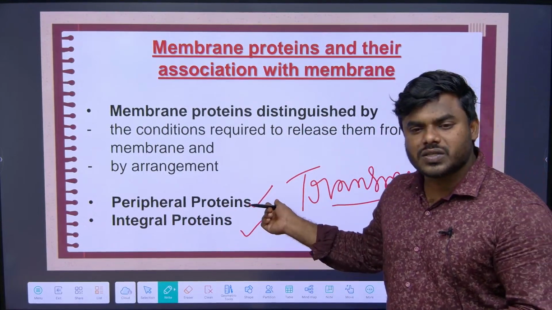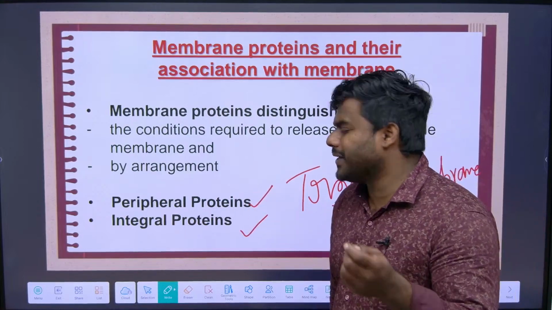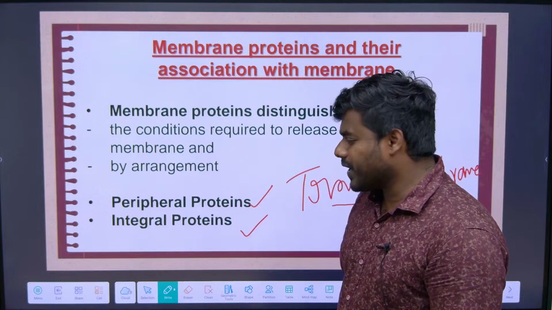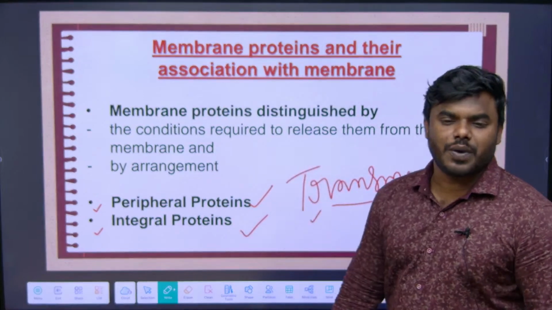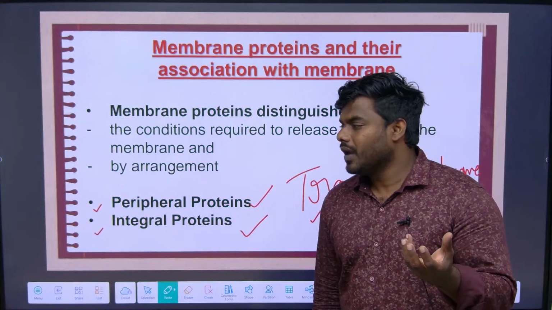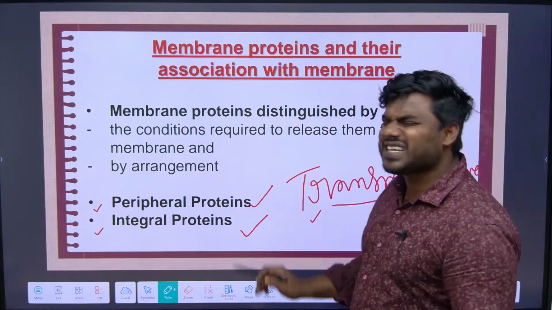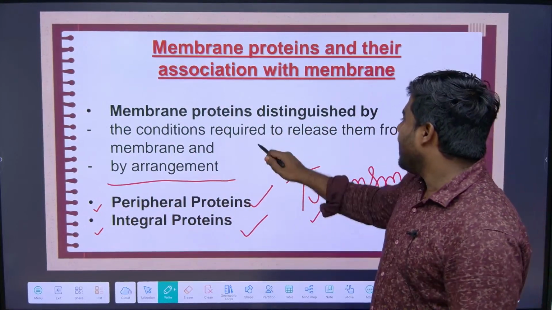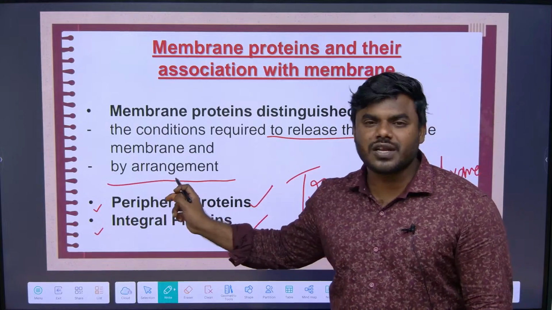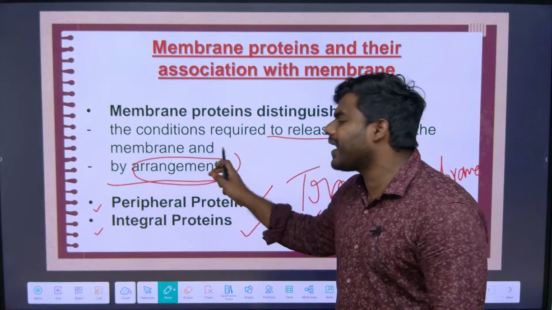Now, very important: how do we categorize them into peripheral, integral and transmembrane? We categorized them exclusively based on their arrangement first, and then of course based on the function performed by them. The major criterion is their arrangement.